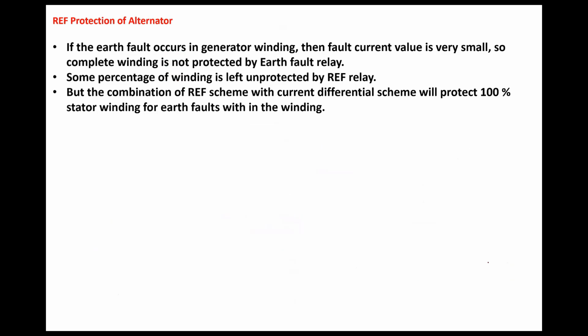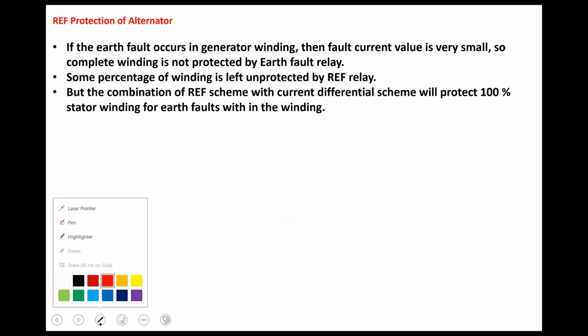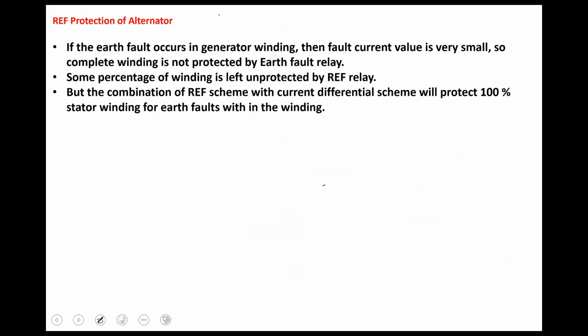Okay, the next topic is restricted earth fault protection of alternators. REF means restricted earth fault protection. If the earth fault occurs within the generator winding, then the fault current is very small.